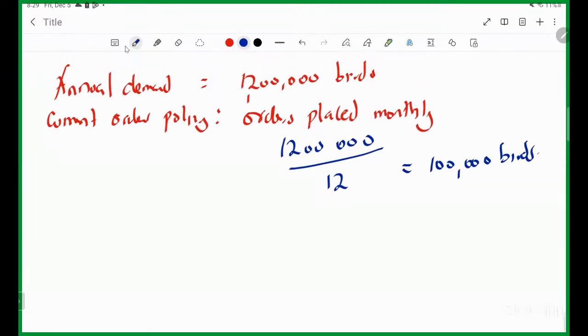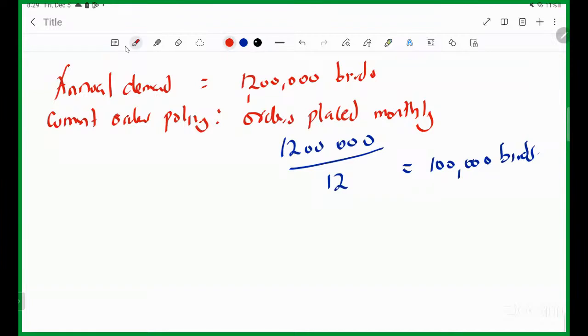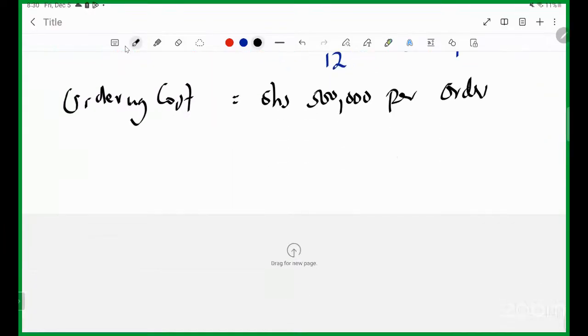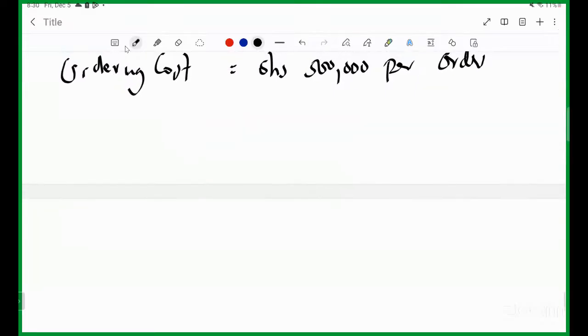But they are birds, it's not money. And in this question, ladies and gentlemen, what is the ordering cost? What is the cost of ordering per order? 500,000 shillings per order. It's just a summary, not started doing the question. What about the holding cost per unit per year?